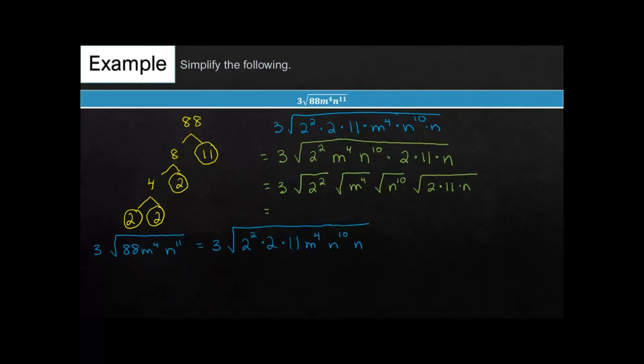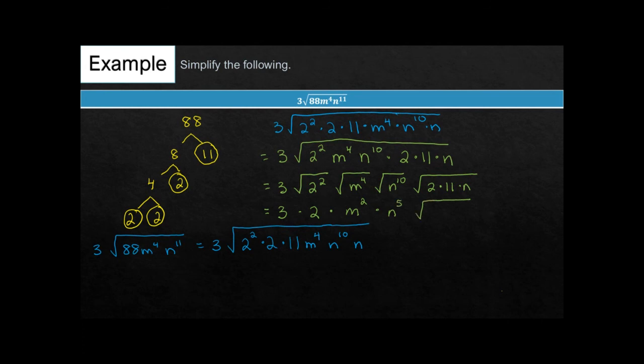Now, everything that has a square root and an exponent that's even, I can simplify. So the square root of 2 squared is 2. Square root of m to the 4th, you divide your exponent by 2, and that's m squared. The square root of n to the 10th, 10 divided by 2 is 5, so that becomes n to the 5th.